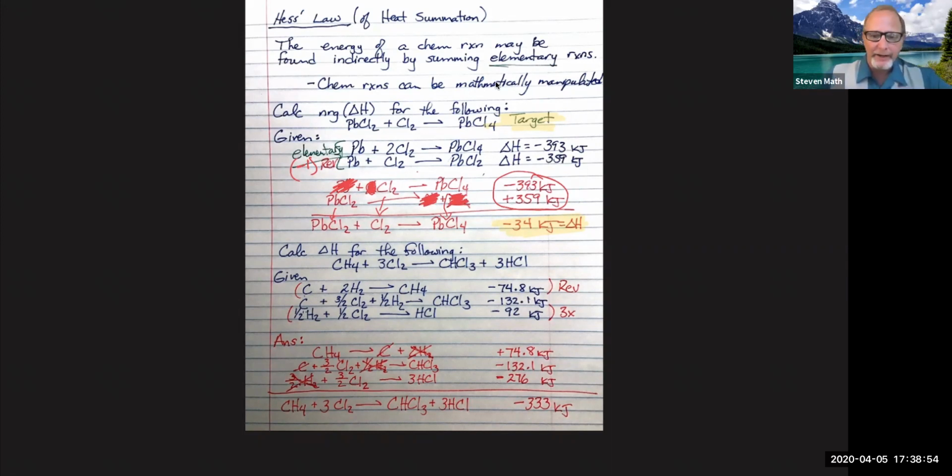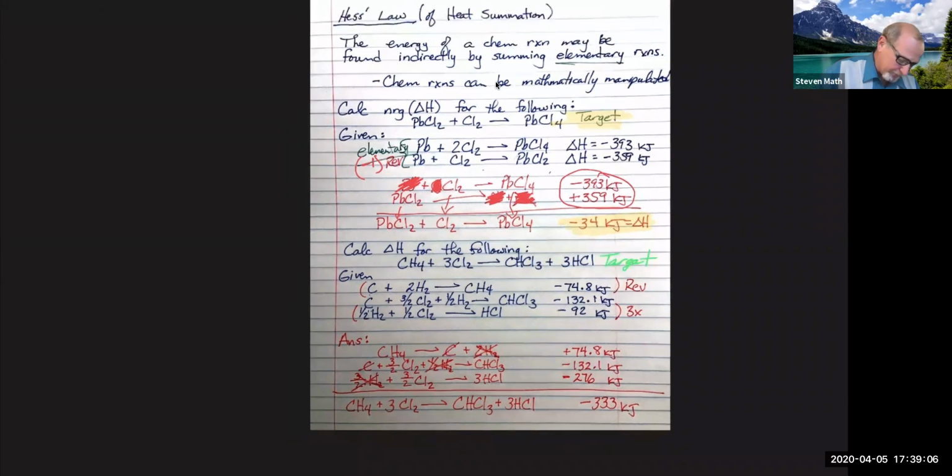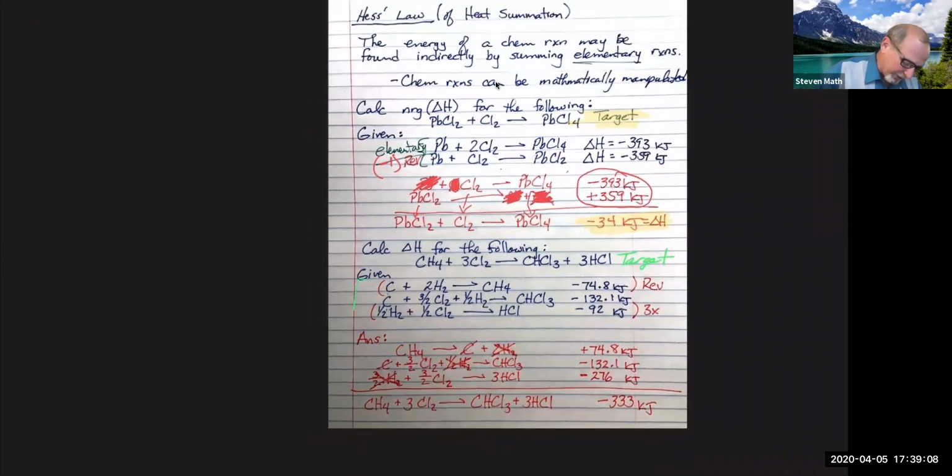So let's calculate it here. And this one looks pretty complex because what they've done, they've given us a nice looking target equation right here. There's my target. And down below here, they've given us not one, not two, but 3 elementary steps.